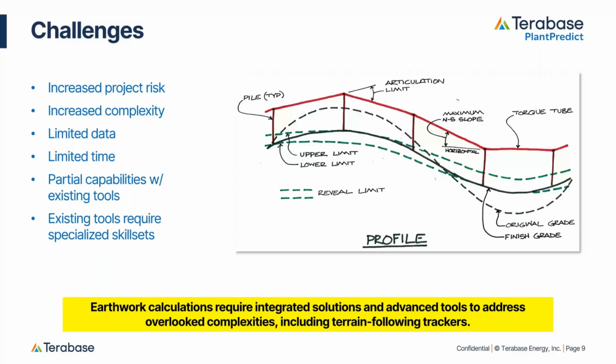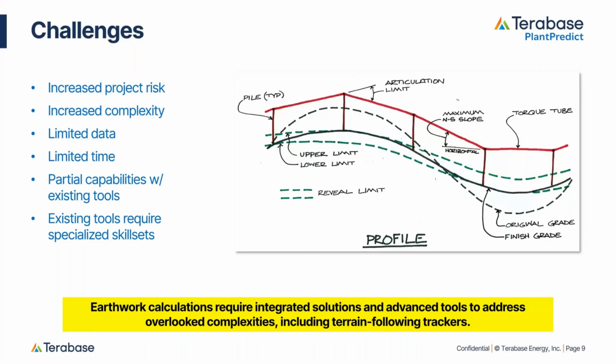A lot of the flat areas have been used up, right? And so projects are increasingly being pushed into complex terrains that are more difficult to design and build on. We often have grading restrictions, so regulatory or cultural restrictions that can limit the amount of grading that's allowed on a site.